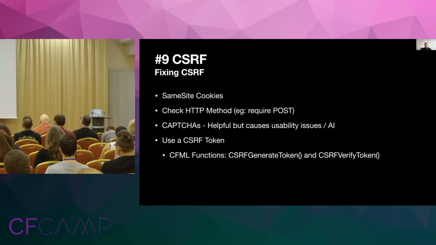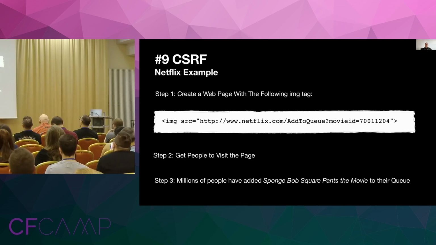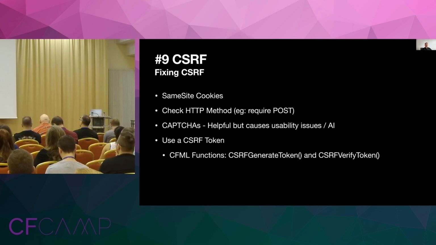So fixing it, one of the best solutions is actually same-site cookies. You can set SameSite to lax or strict, and it will prevent this image tag from sending the cookie, which is a great solution. You can also check HTTP methods.